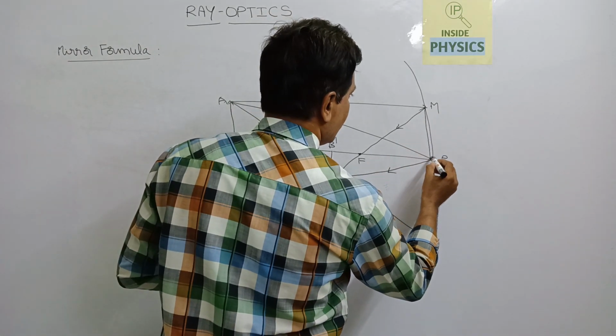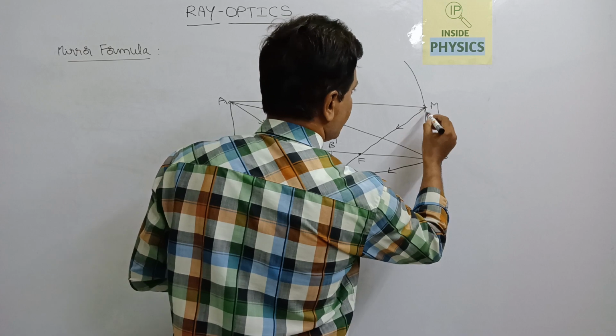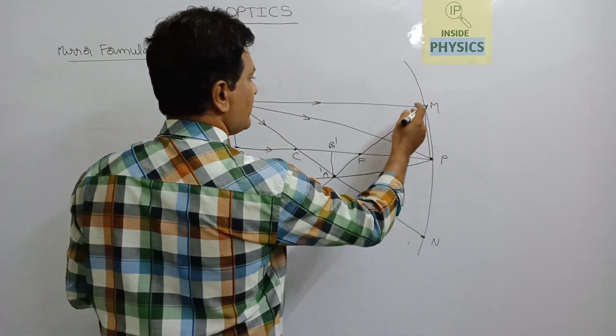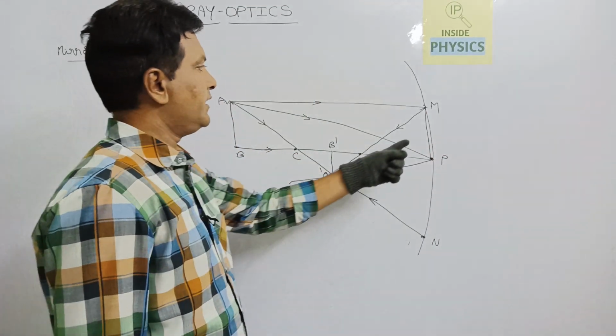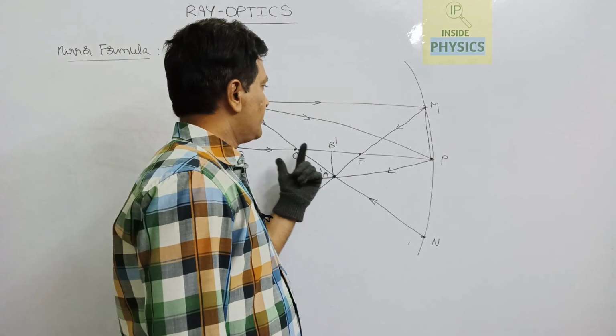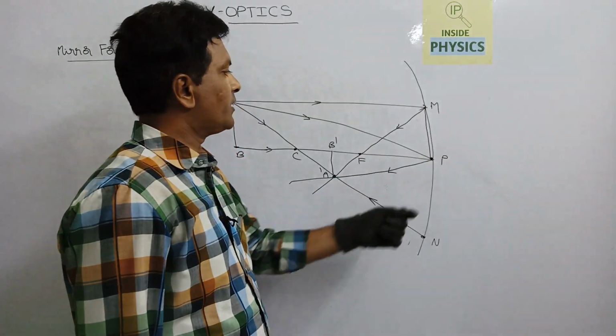You can draw a line from M to P, and you can consider it as a perpendicular to the principal axis.